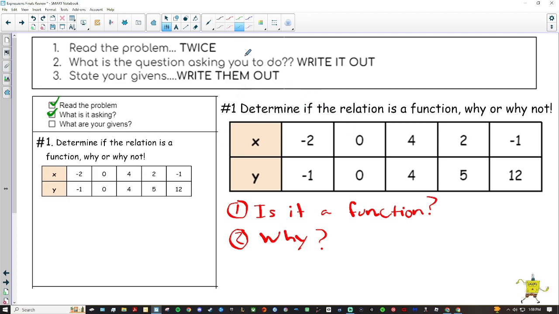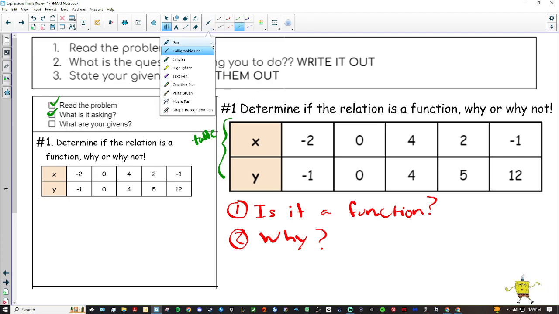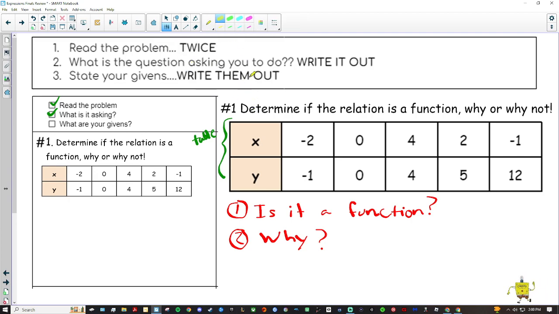We are given a table. We are given this table. This table is everything we need in order to determine if this is a function and answer the question why or why not. When we're determining a function, we only care about the inputs. We only care about the x values. We do not care about anything else.